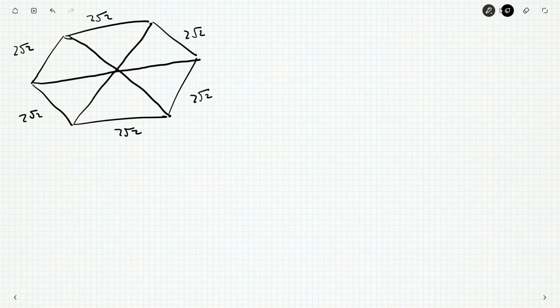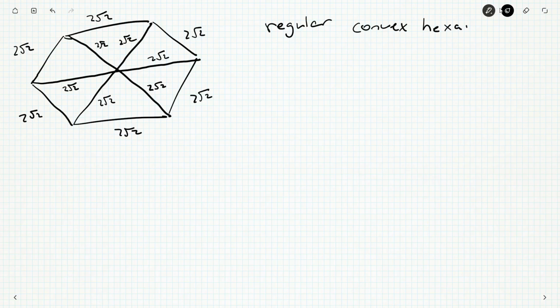If I have them, we get 2 root 2s, and so we get a whole bunch of equilateral triangles. So many that you can now confidently say, yes, this is a regular convex hexagon.